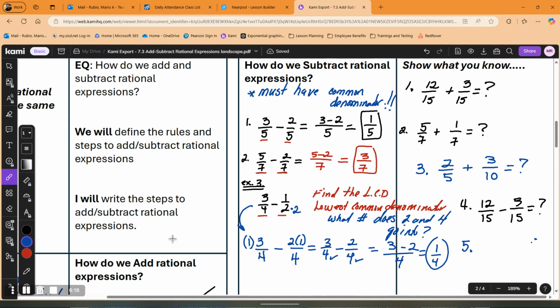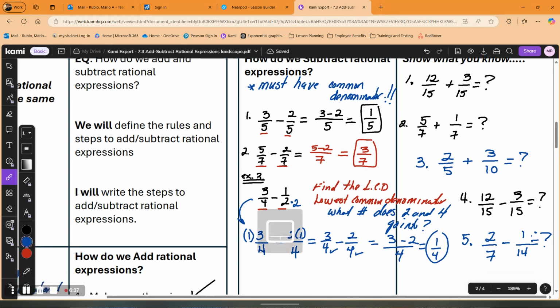Number 5. You will have to find the LCD. Okay. Let me know if you have any questions on the practice.